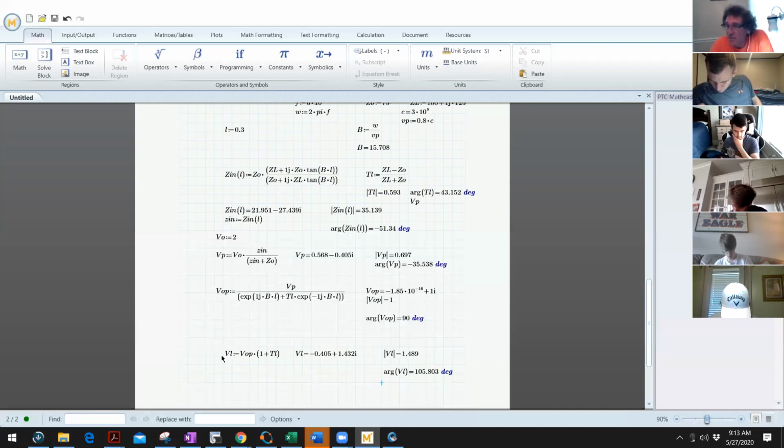You got it, Tyler? Anybody else get this? All right, that's the voltage at the load, right? And if we wanted the voltage at the sending end, that's just V prime.